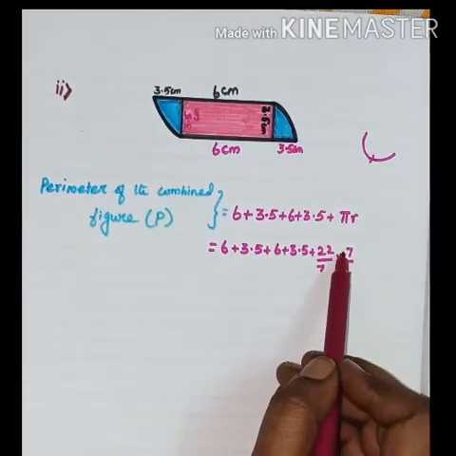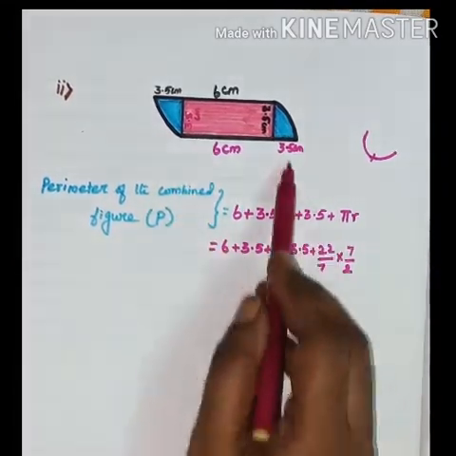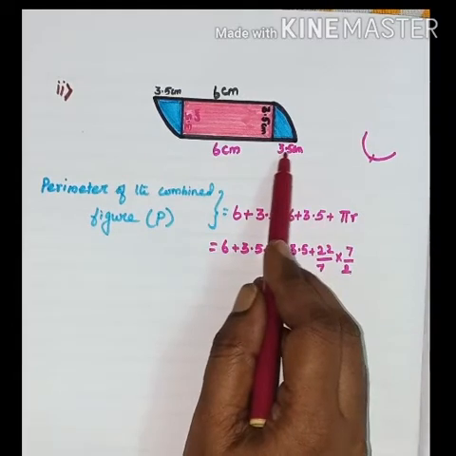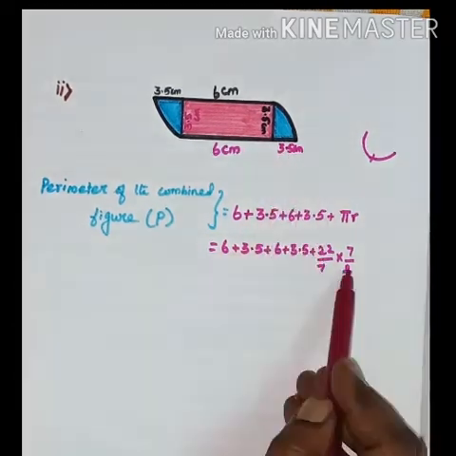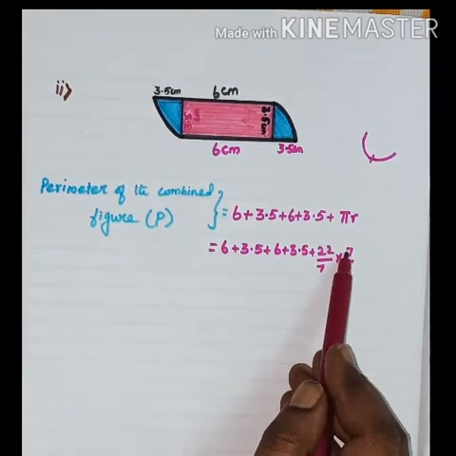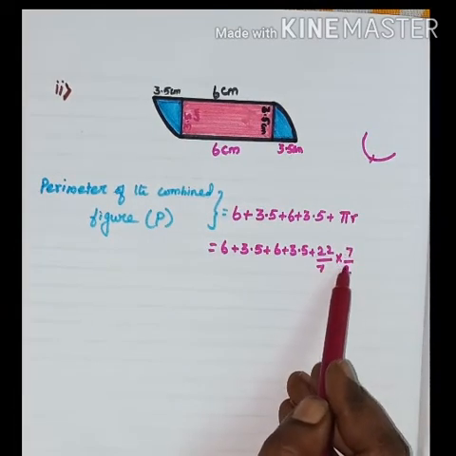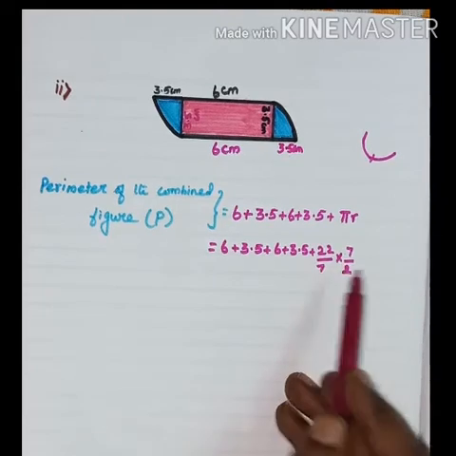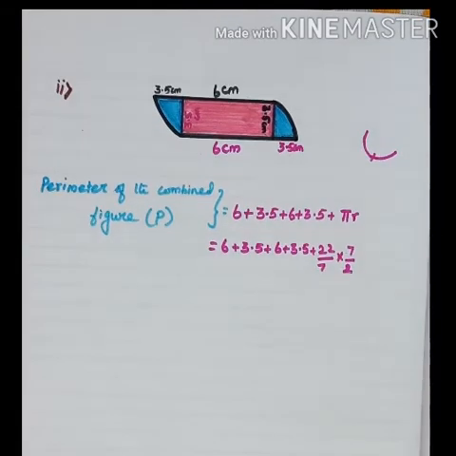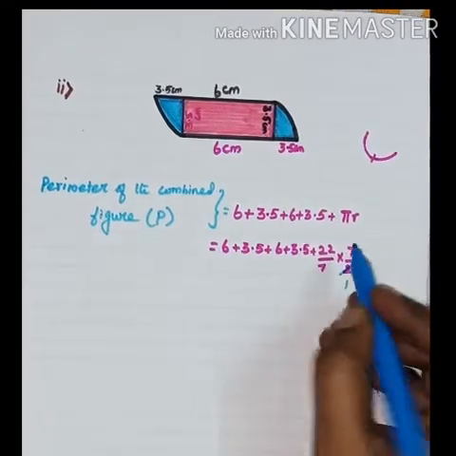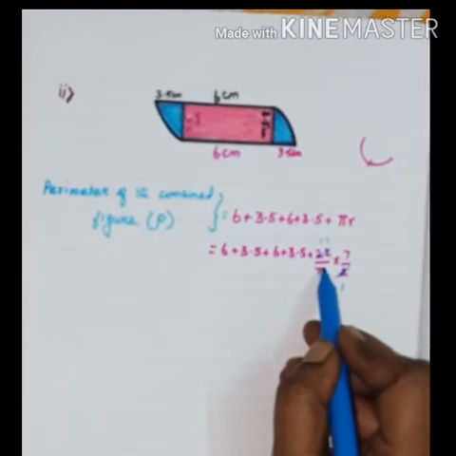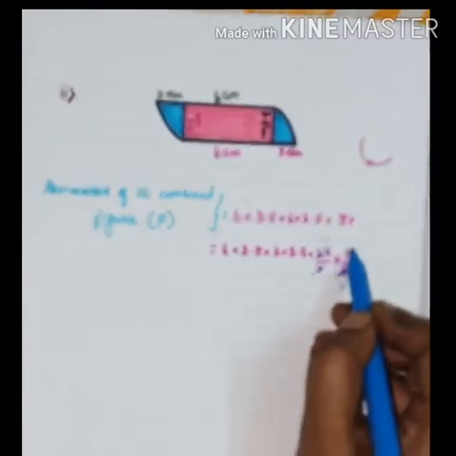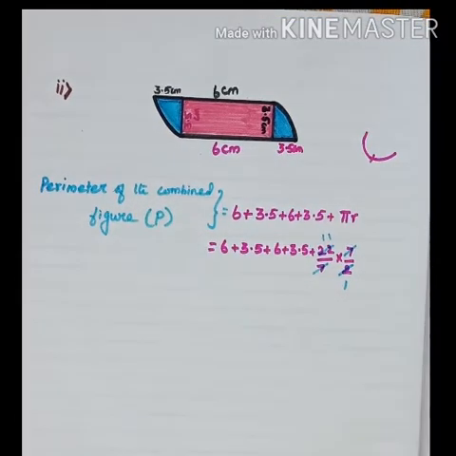Once again I will repeat, r is nothing but 3.5, and this 3.5 can be written as 7 by 2 for easy cancellation. 1 2s are 2, 11 2s are 22, 1 7s are 7, 1 7s are 7.